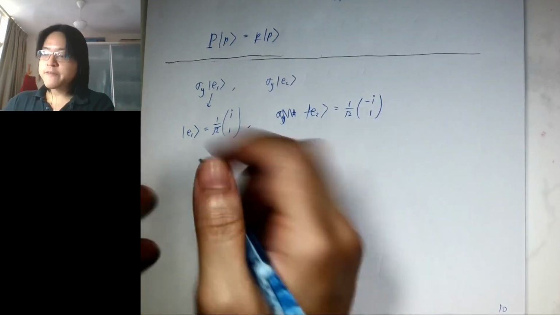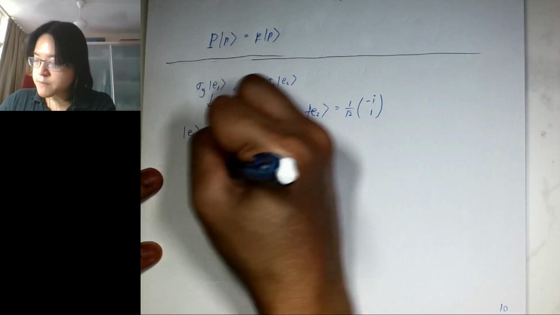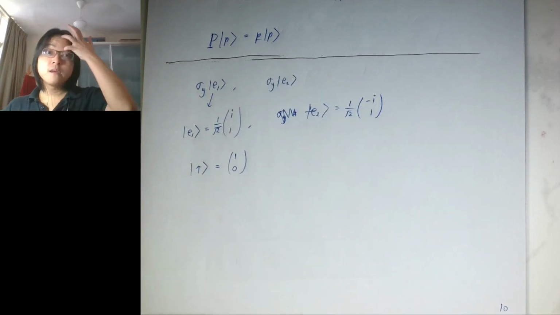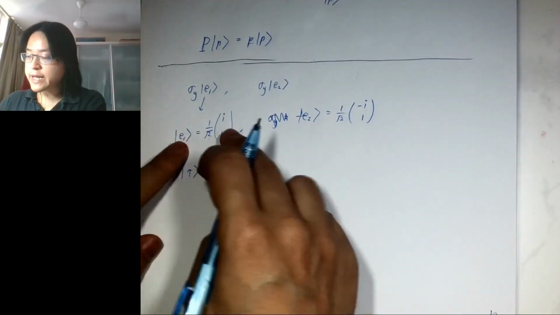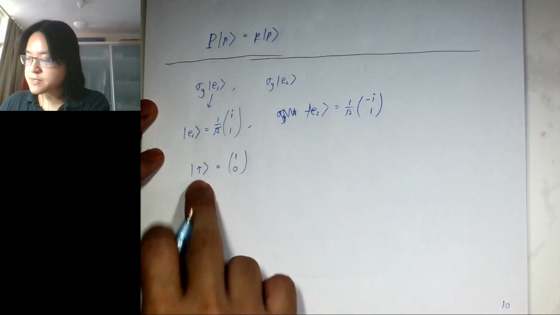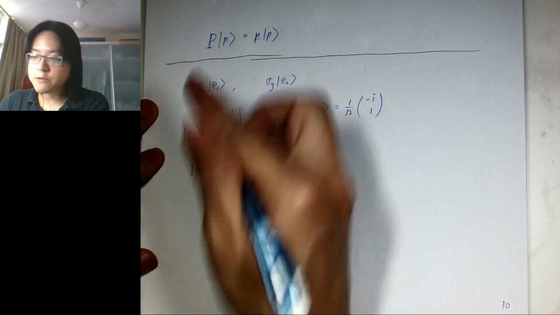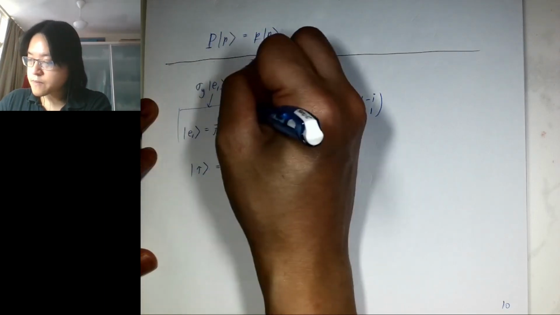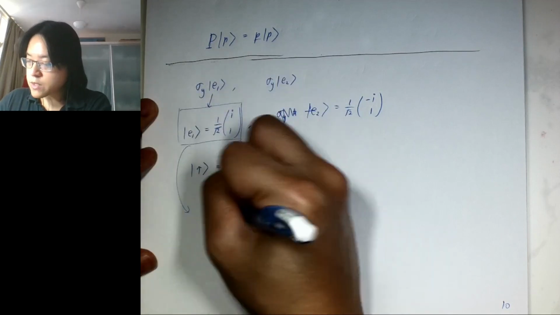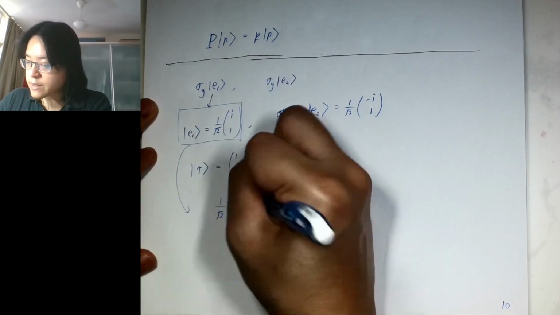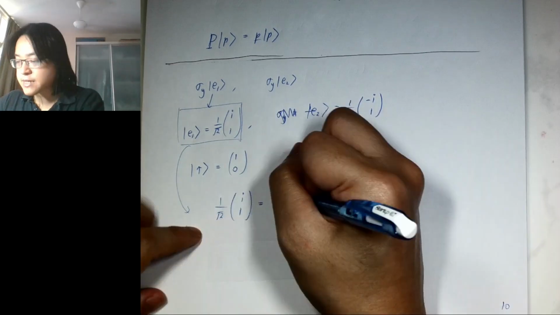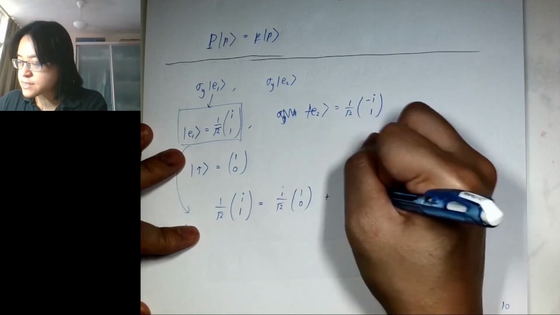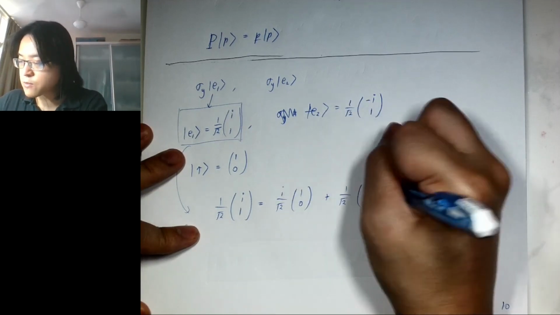So let's say if I pass the spin up, right? So what was my spin up? The spin up was 1, 0. We can actually express this in terms of the spin up and spin down. So let us look at this equation. This is 1 over root 2 I1. So 1 over root 2 I1 is actually I over root 2 1, 0 plus 1 over root 2 0, 1.